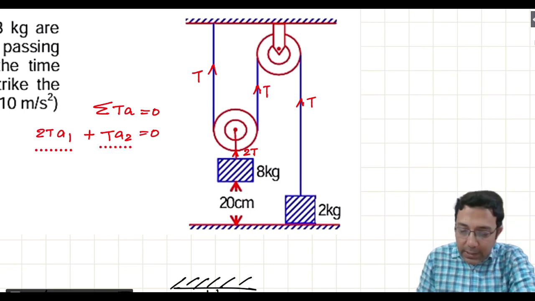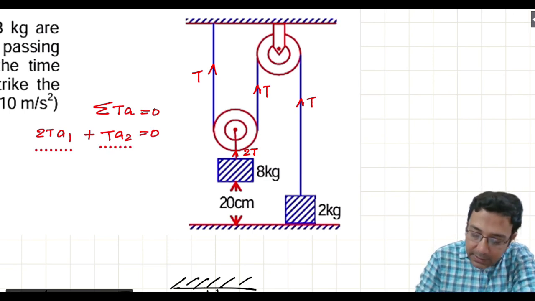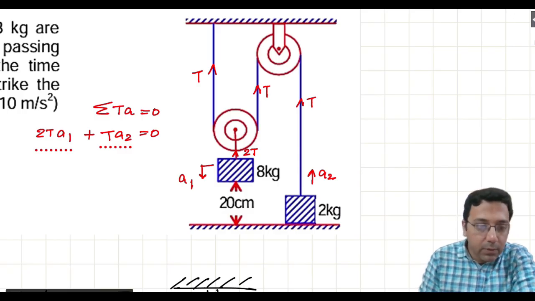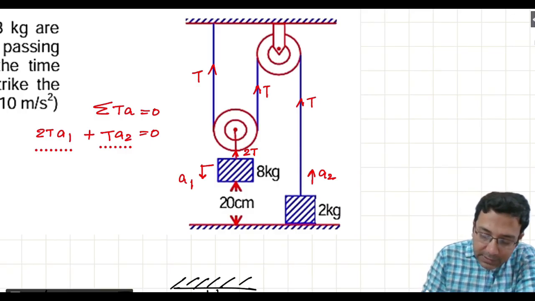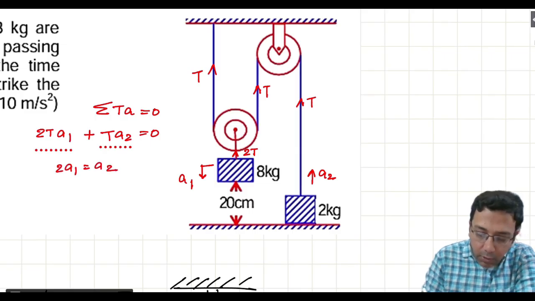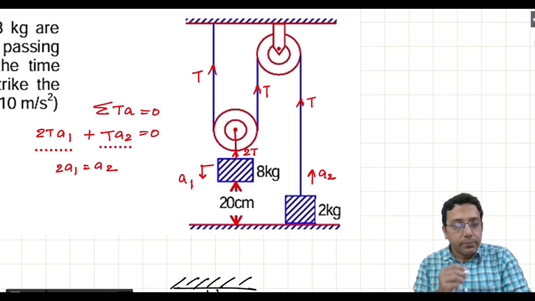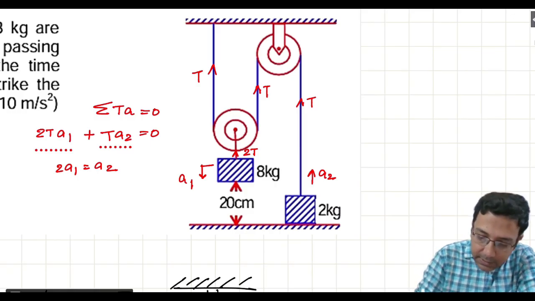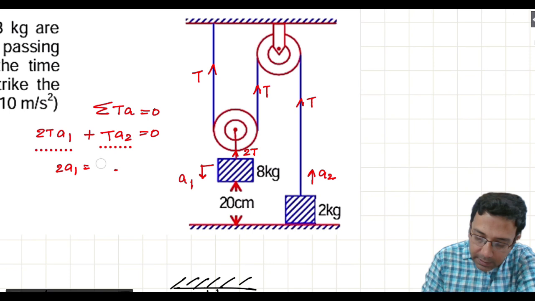I'm considering that this is going down by a1 and this is going up by a2. So 2T into a1 plus T into a2 is 0. Sorry, this becomes minus, so I'll just make it negative.